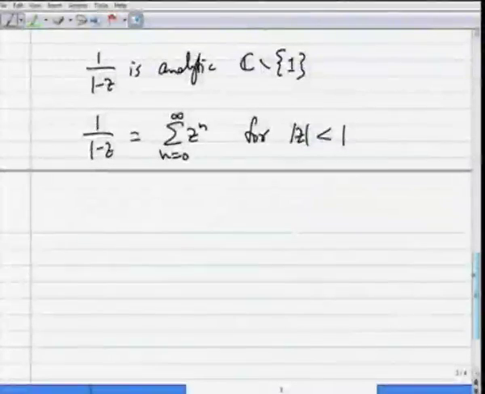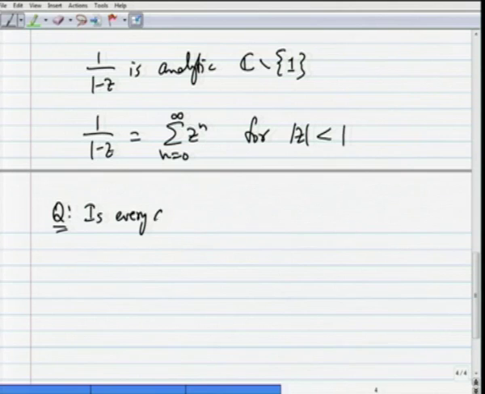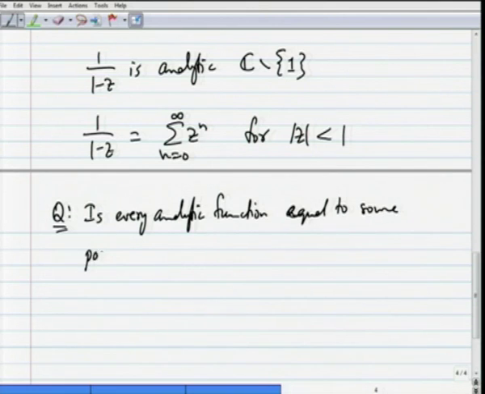So then one can ask the following modified question: is every analytic function equal to some power series, if not on all of the domain of analyticity, at least in a small neighborhood around a point of analyticity?